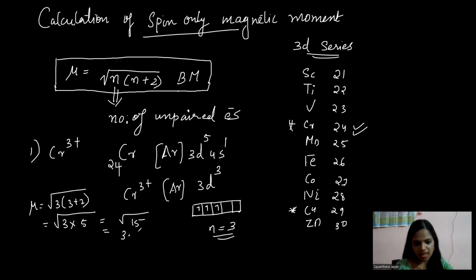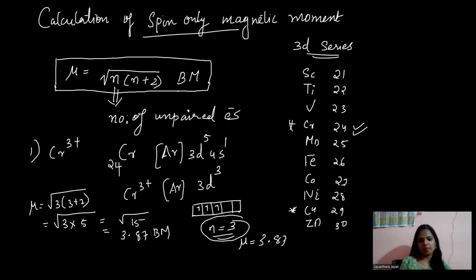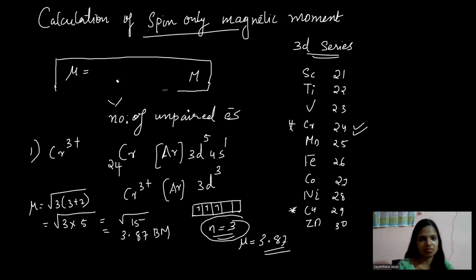The exact value is 3.87 Bohr magneton. So that is the answer. From this you can conclude that if the number of unpaired electrons n is 3, the magnetic moment mu is 3.87. Now let us do another question.